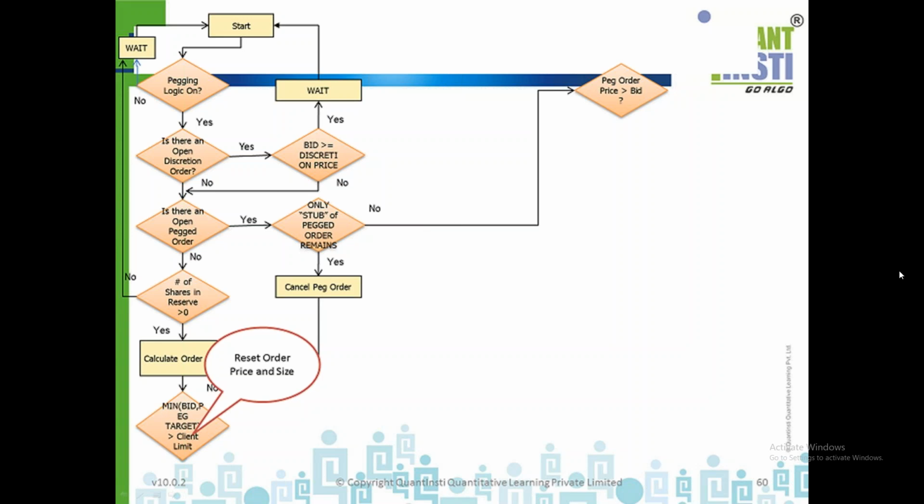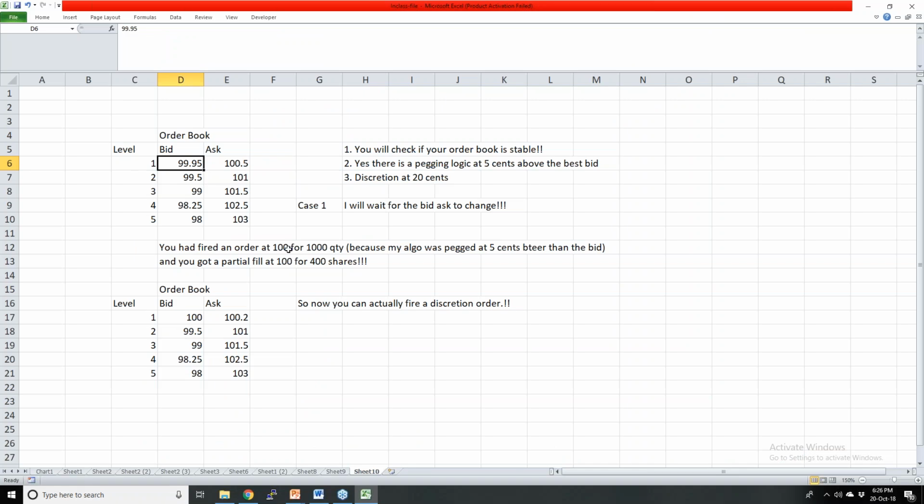It is possible to cancel partially filled orders. Absolutely. I'll just repeat. Once you've fired this order at 100 for 1000 quantity, right? And you get a partial fill at 100 for 400 shares, right? And then, in your logic, you are checking, the market ask goes to 100.2.